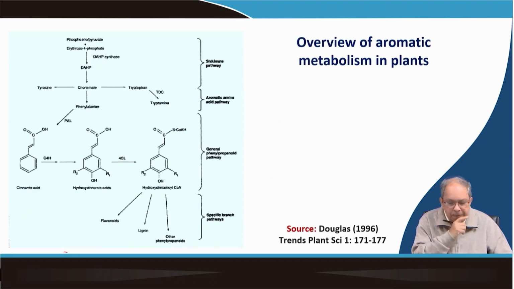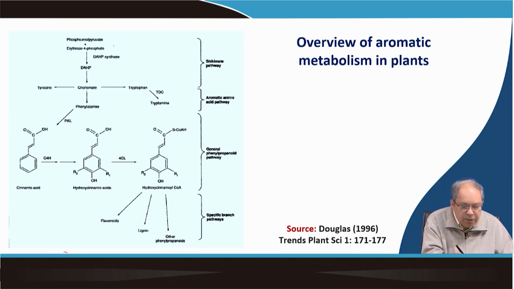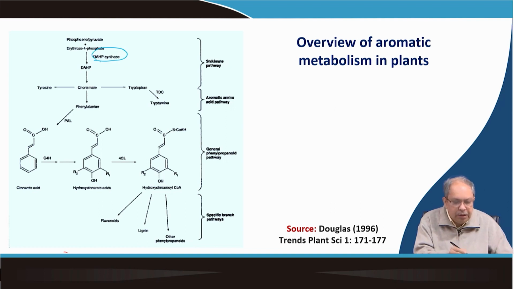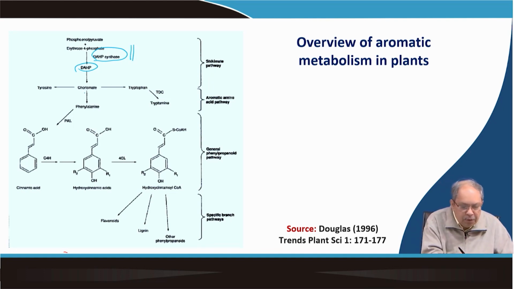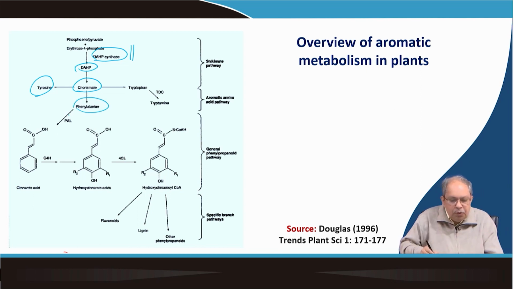Now, the overview of aromatic metabolism in plants, which I started talking about in the last class. Phosphoenolpyruvate and erythrose 4-phosphate join by DAHP synthase, which produces DAHP. I mentioned that this is a very active step because it is a regulatory step, and eventually via shikimate it forms chorismate. From chorismate, one route goes to tyrosine, another goes to phenylalanine, and another goes to tryptophan.